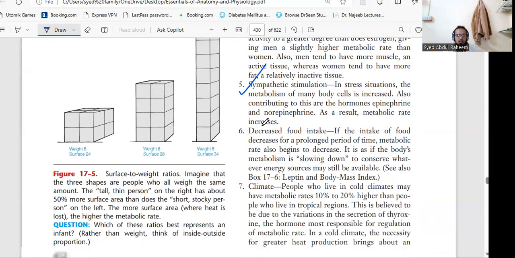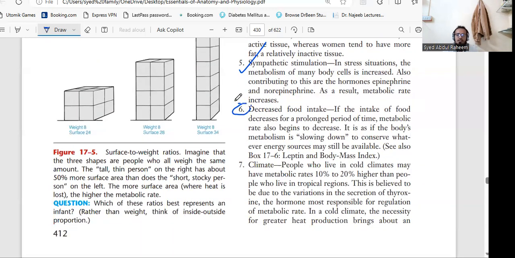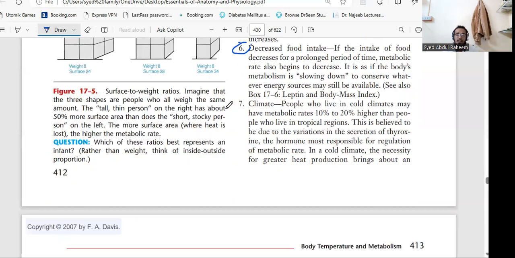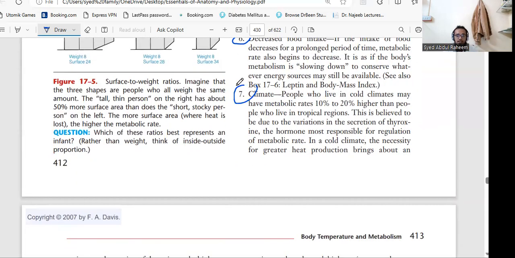Next, we have food intake. If you decrease the food intake, it also decreases the metabolic rate, because your already stored food is utilized. Now you need extra food to store as well as to utilize. And the climatic condition: some climates increase the metabolic rate, while cold climate decreases the metabolic rate because you don't need a large amount of energy.